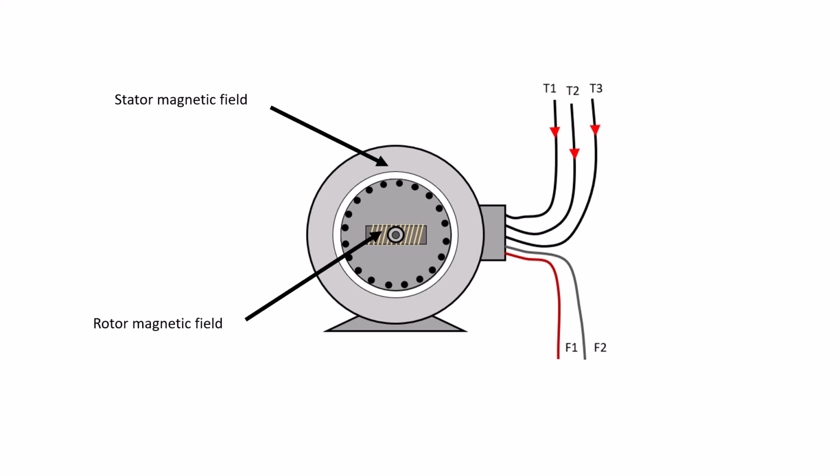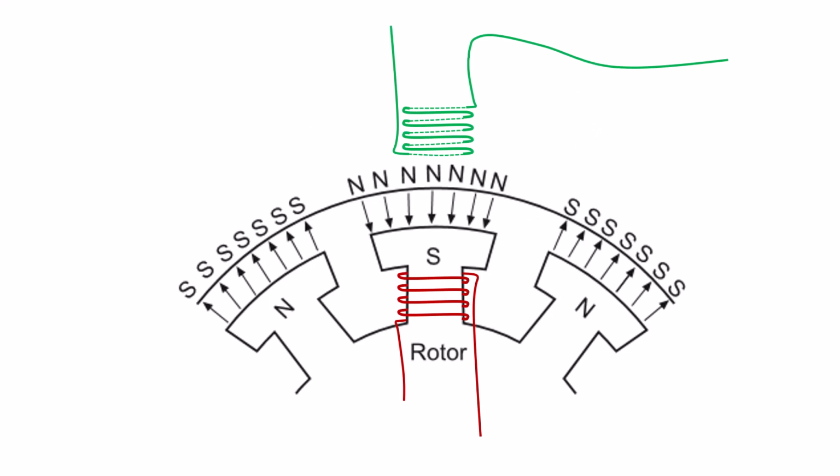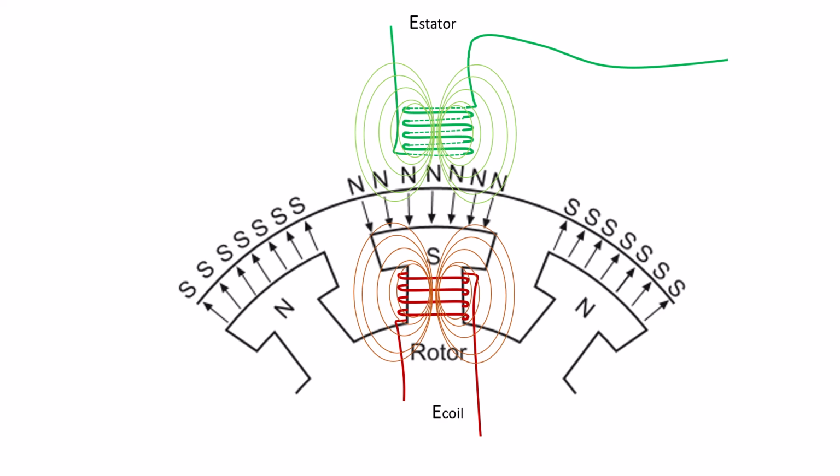We already know that there is a stator magnetic field and a rotor magnetic field. And we know that these two separate windings create their own independent magnetic flux paths. Now, what's important about this is that the coil, because it is generating a south pole at the top, has magnetic flux or lines of flux that are 180 degrees in the opposite direction than the stator lines of flux.